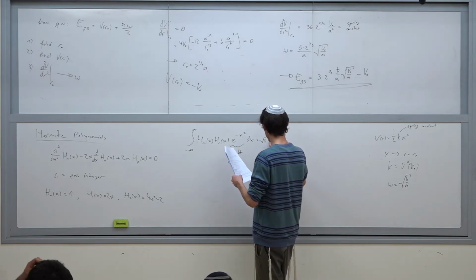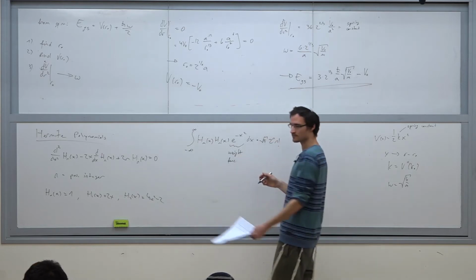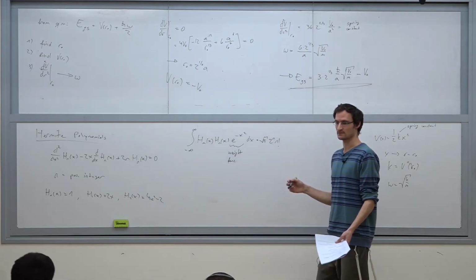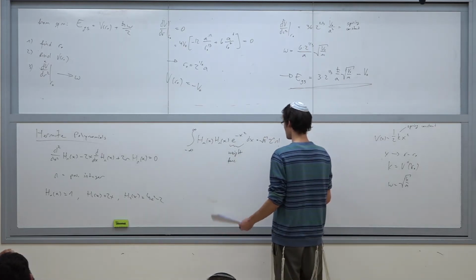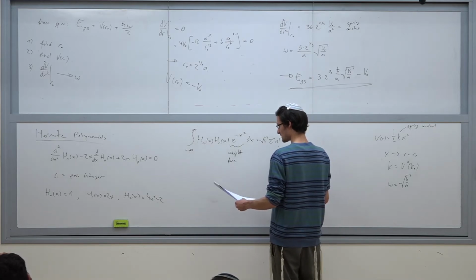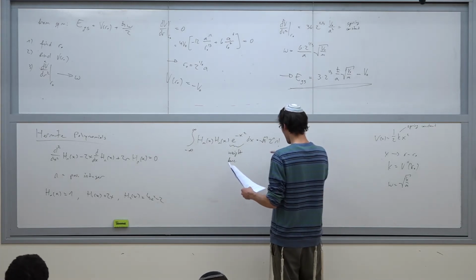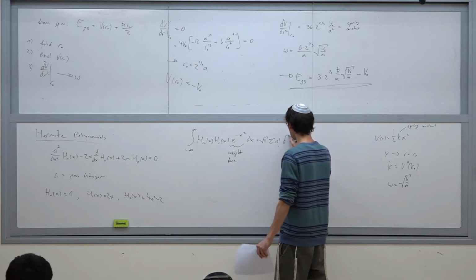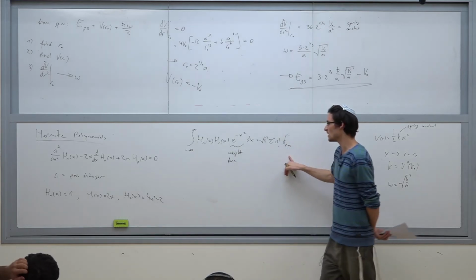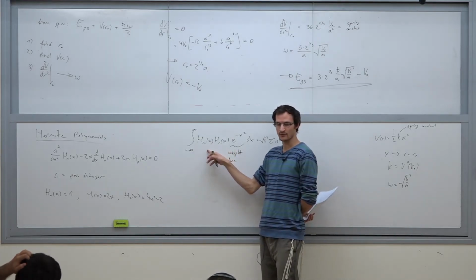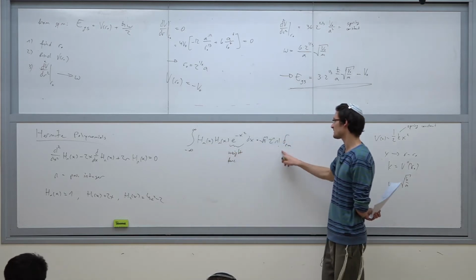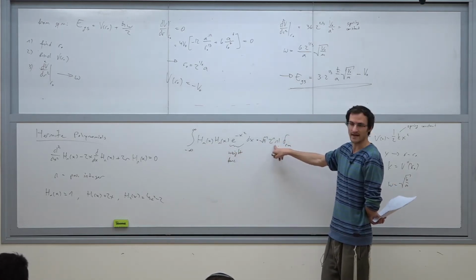It's up to some constant. That's simply because the Hermite polynomials, for some stupid reason, aren't normalized. Because they're not normalized, we have this constant, and then there's a delta n m. So it equals 0 when n is different from m. That's what we mean by orthogonal.